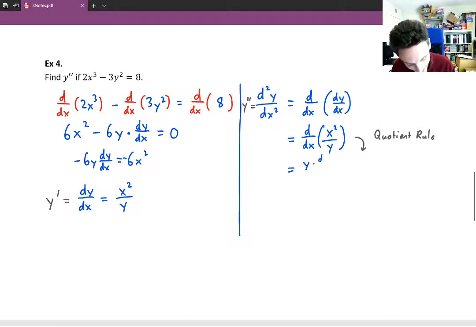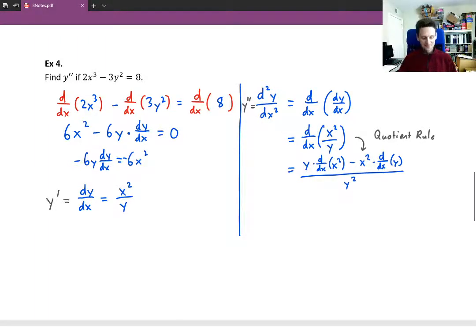Low d high minus high d low over low squared. If that song came out of nowhere, then go back to Packet 5 and watch those videos for full context.